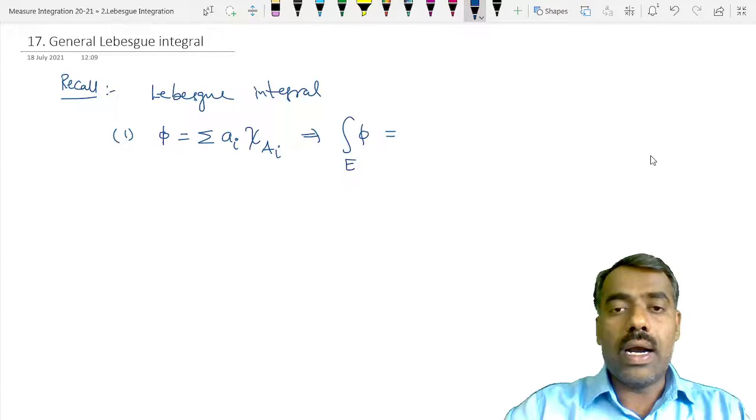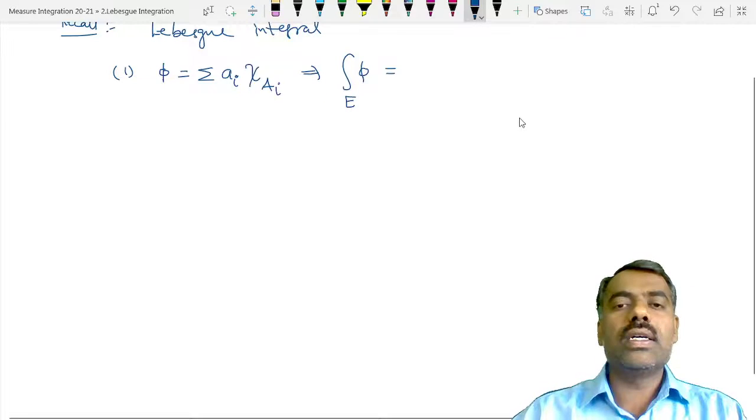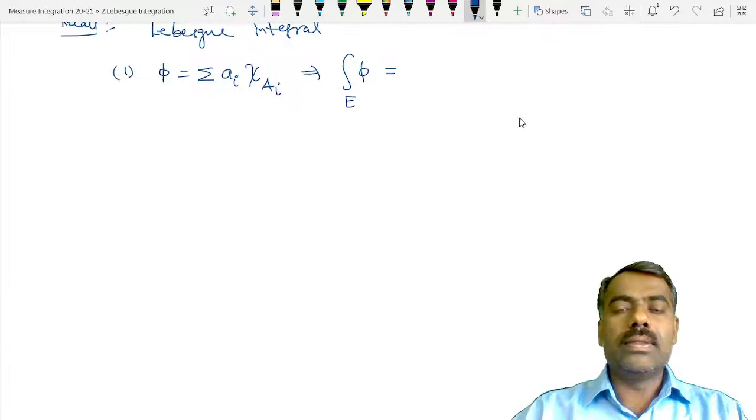How is the integration of phi defined? It is summation a_i times the measure of A_i.